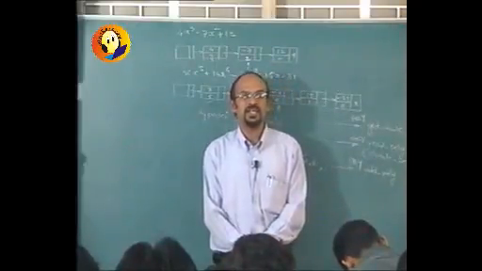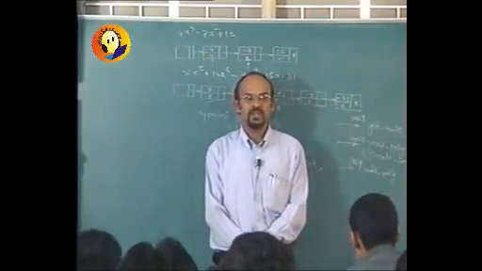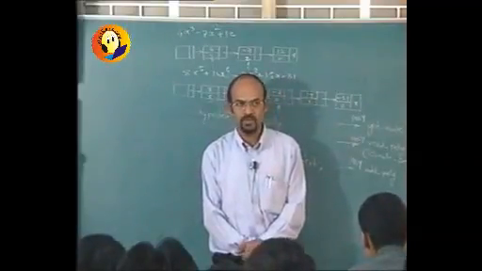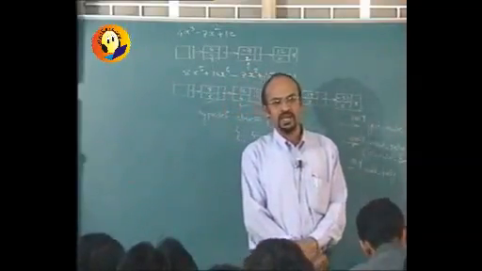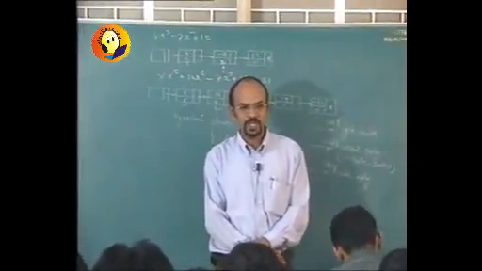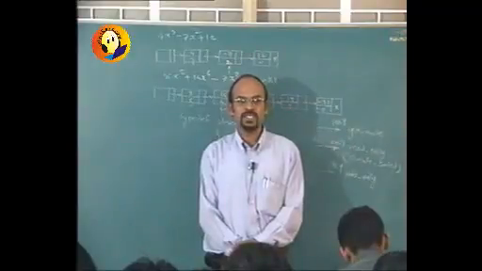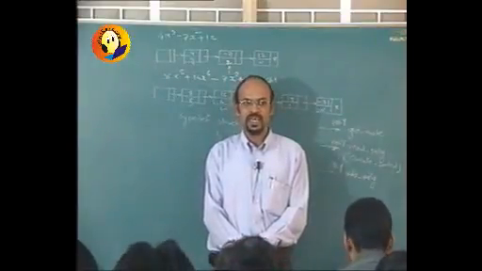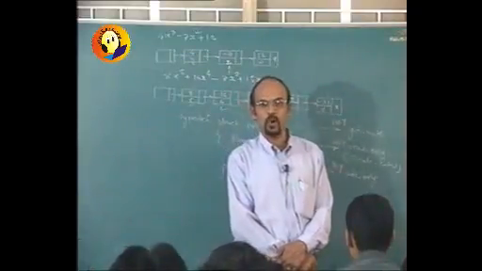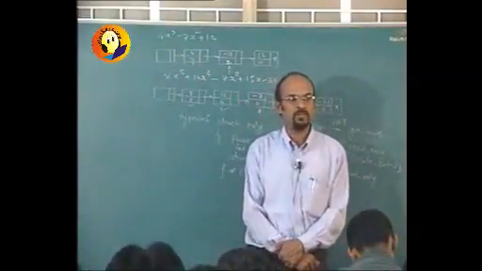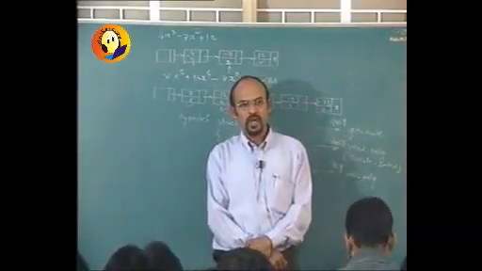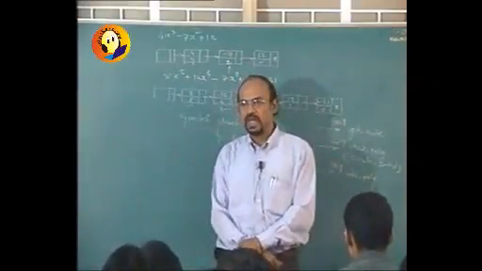And then there is a while loop to check temp arrow next, if you have really copied it or read it from the previous one: while temp arrow next and temp arrow next arrow power is greater than n arrow power (over there it was less than, here it is greater than), then temp equal to temp arrow next. So wherever you stop, after that position n should be added.